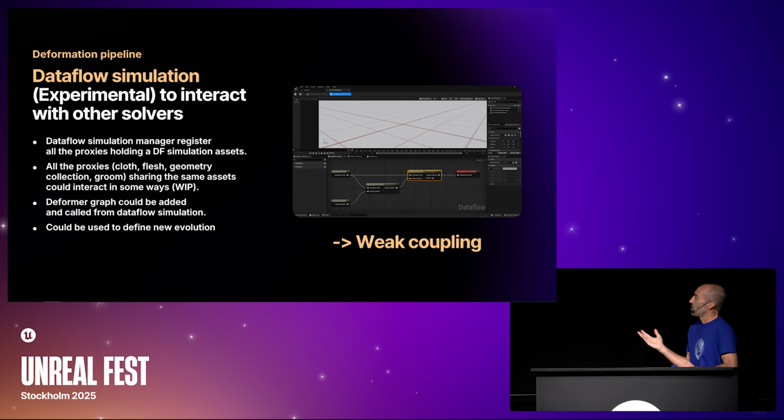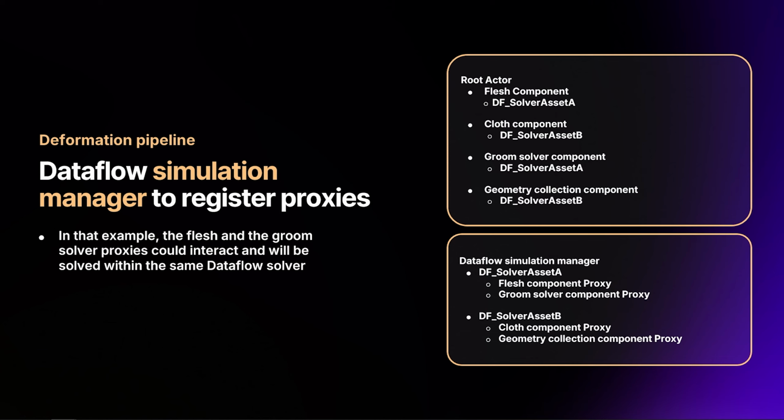So it's a central place where you can launch a lot of solvers, and now it has been extended to launch deformer graphs as well. So it's really, really handy. So this is, for example, a simple setup example.